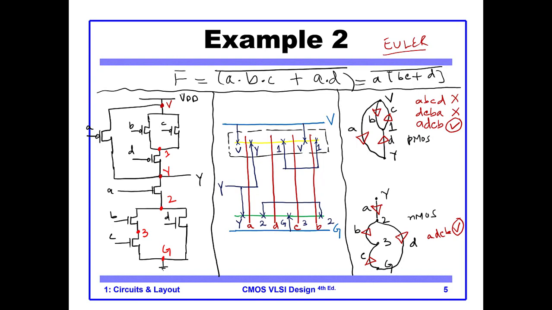So on the top I have 1, 2, 3, 4, 5, and on the bottom 1, 2, 3, 4. So I should start with this one. 1, 2, 3, 4. So my W is equal to 4 plus 1. Okay, and this whole thing multiply by 8 lambda, which is 40 lambda.